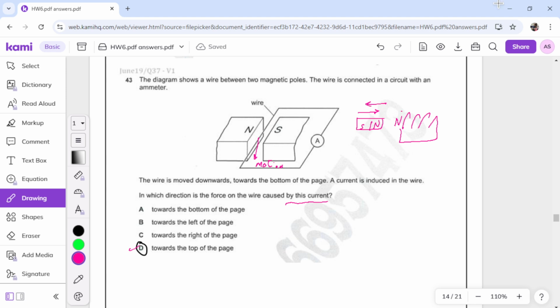Also, we repeat it with the wire. If the wire is moving down, it will induce current. This current will produce a magnetic field against motion. So the force will be against the motion of the wire, and due to the wire direction being downward, the force must be upward.